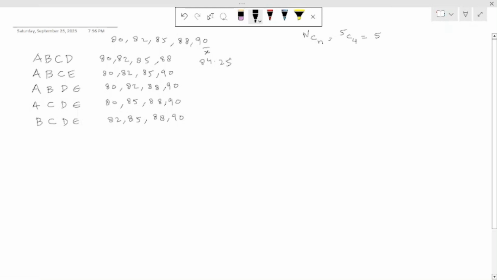Then the second sample has the mean value 84, 85.25, 80, 82, 85, and 90.